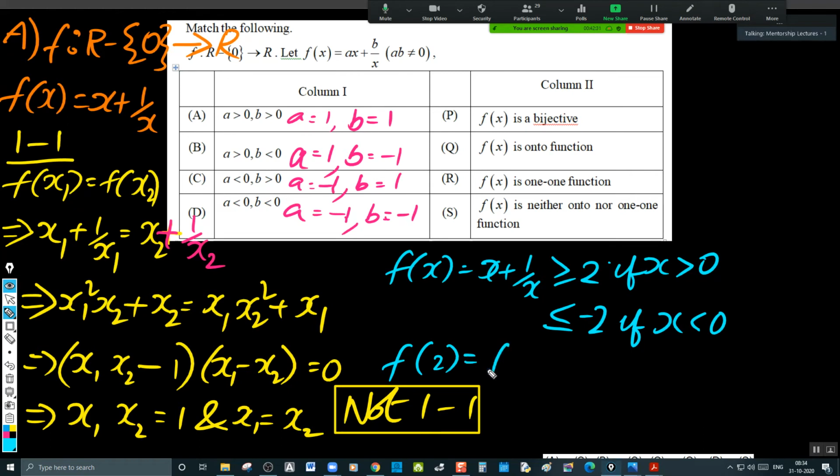वही बोल रहा है ना प्रथमेश? Yes, sir. 2 plus 2, 4. 1 by 2 plus 2, मतलब 5 by 2. So two elements have the same image and hence it is not 1 1 function.